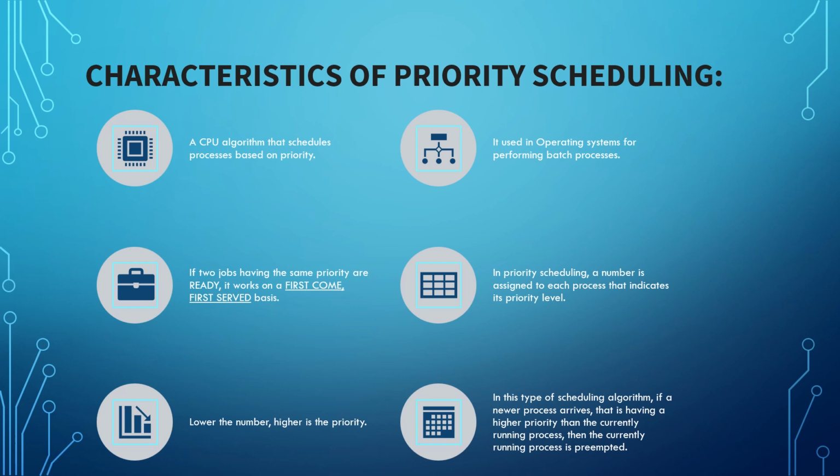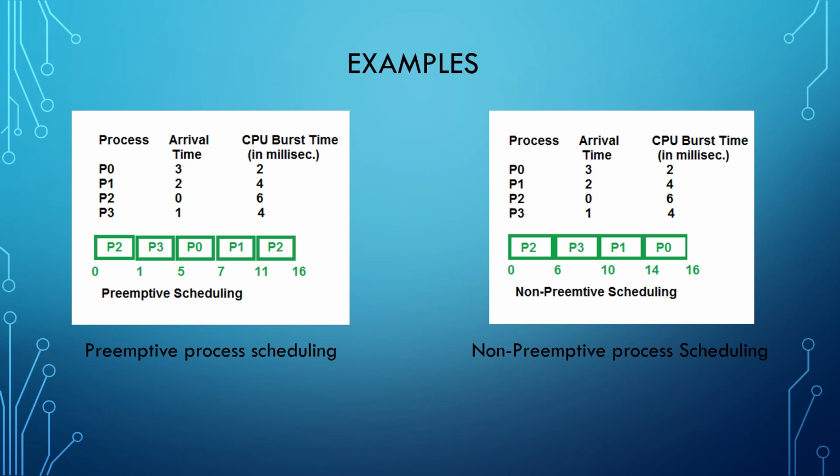In this type of scheduling algorithm, if a newer process arrives that has a higher priority than the currently running process, then the currently running process is preempted. That means it goes to the ready queue and waits. These are the examples of preemptive process scheduling and non-preemptive process scheduling.